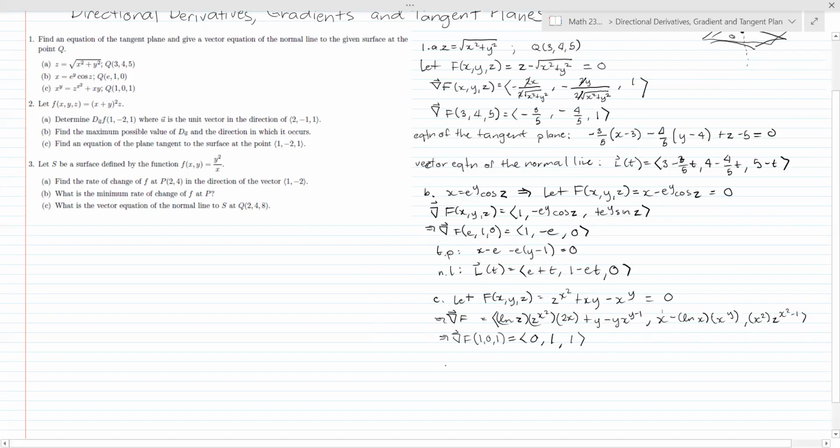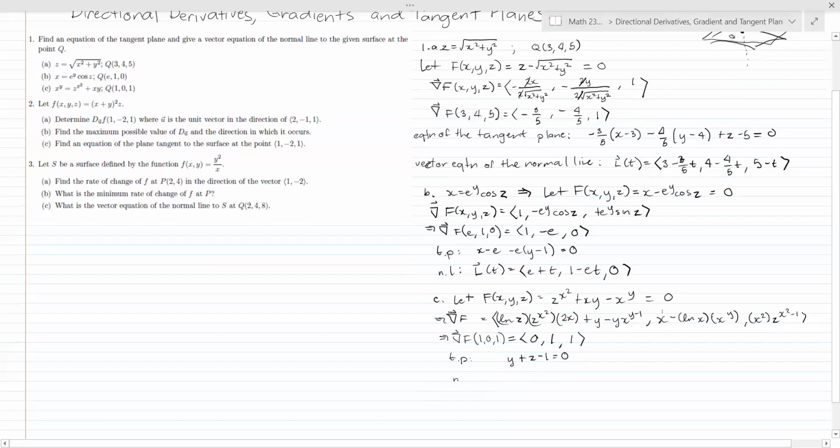Okay? So, therefore, ang tangent plane natin ay may equation na 0 yung first, no? So, 0. So, walang x component, sa y ay y minus 0 plus z minus 1 equal to 0.